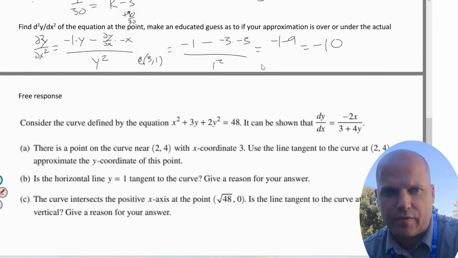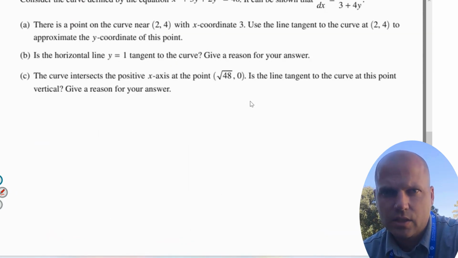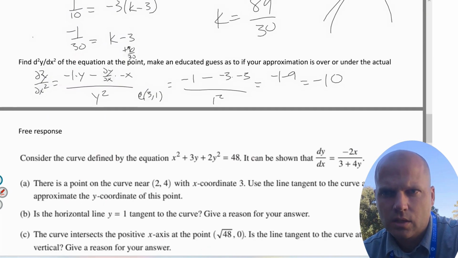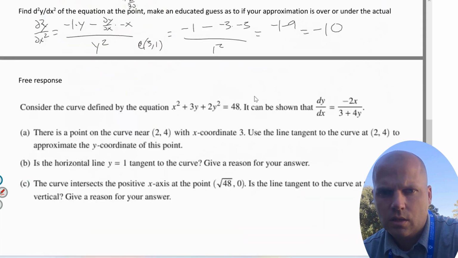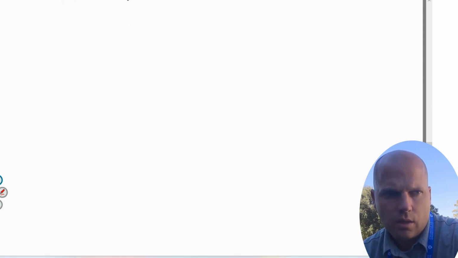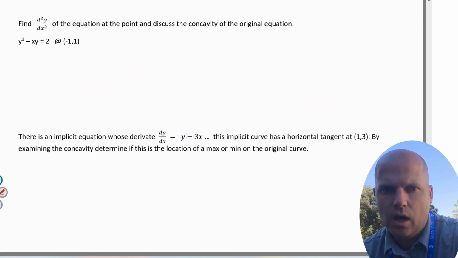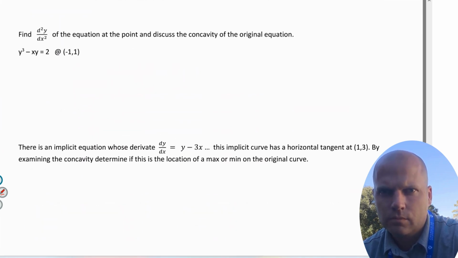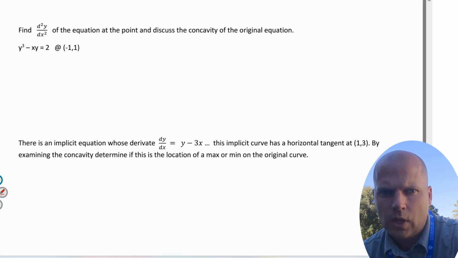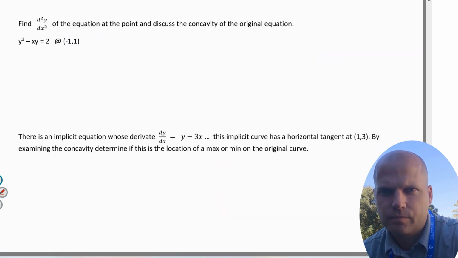What else can a second derivative tell us? Did I not put any second derivative tests? Oh, okay. I put more of that.